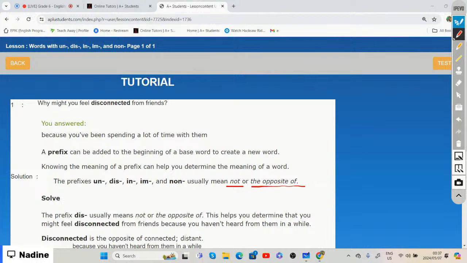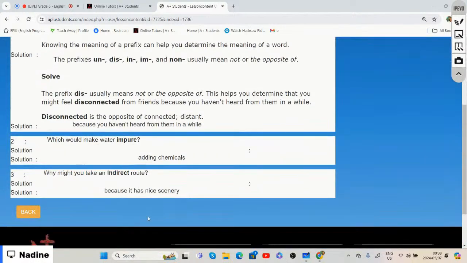Sometimes it can be words that were said that are quite harsh or discomforting. But most times, the disconnection from friends is because you haven't heard from them in a while, or in a long time. That is mainly why there's a disconnection between friends.